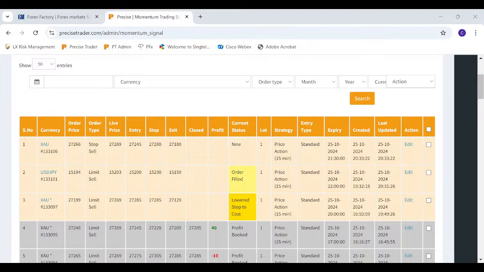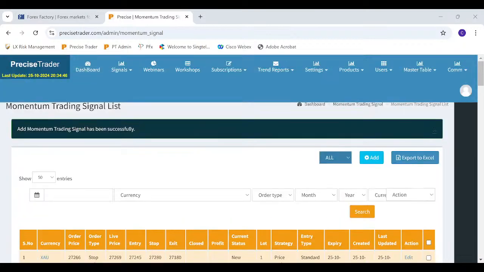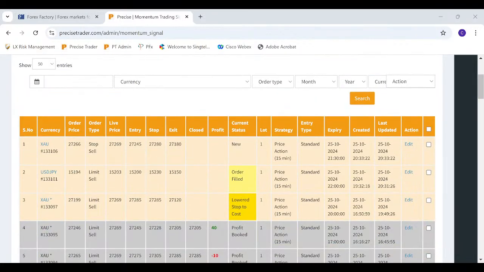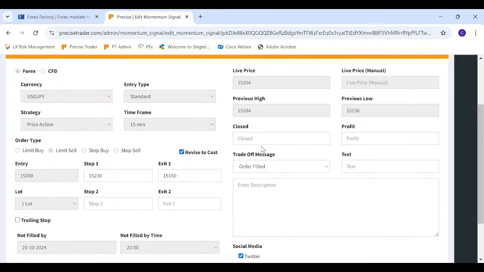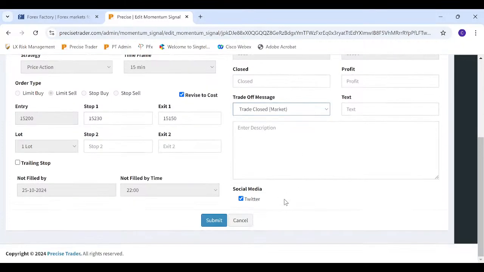Okay, let's say dollar yen. We are into the trade. We will wait for the break, then our stop. Let me key in the trade. Actually this trade is gone, because the server was down.